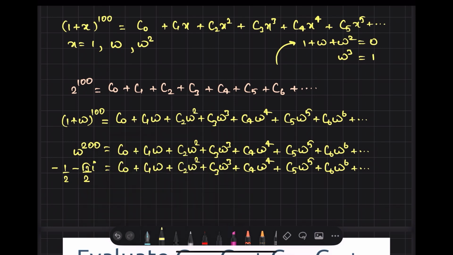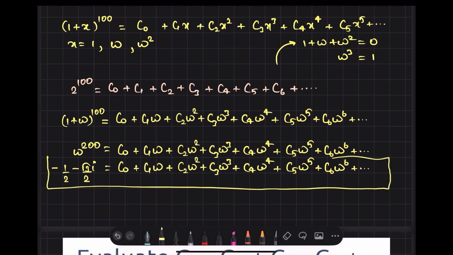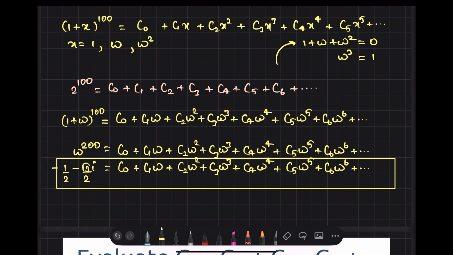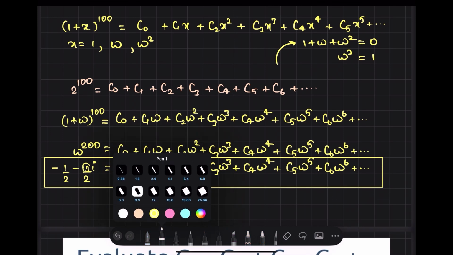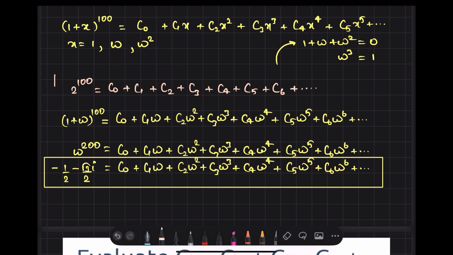We will take help of this equation later. So this is our second equation, and this was our first equation.